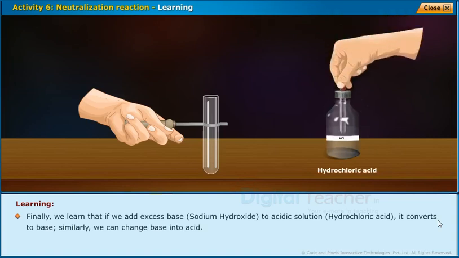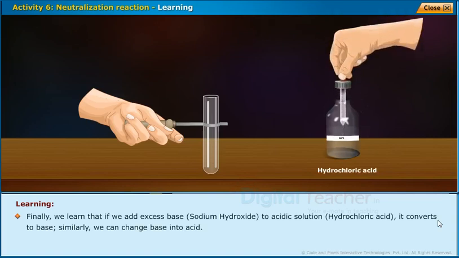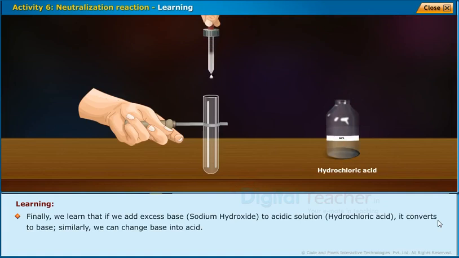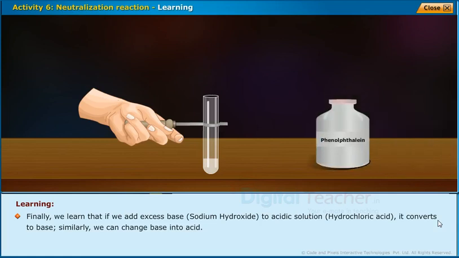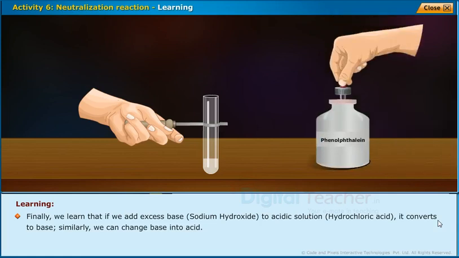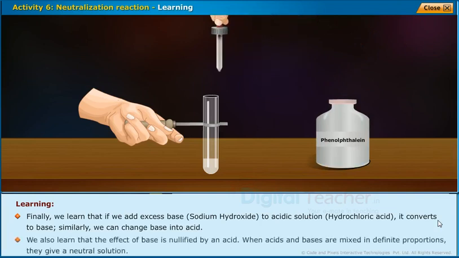Finally, we learned that if we add excess base, that is sodium hydroxide, to an acidic solution, that is hydrochloric acid, it converts to base. Similarly, we can change base into acid. We also learned that the effect of base is nullified by an acid.